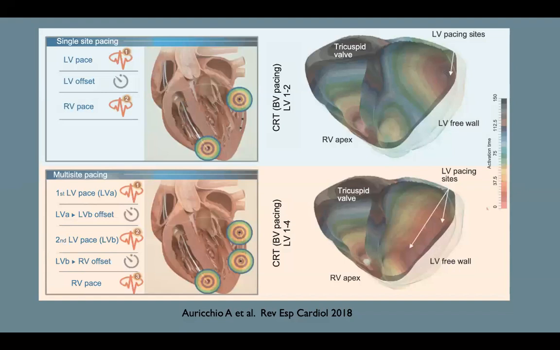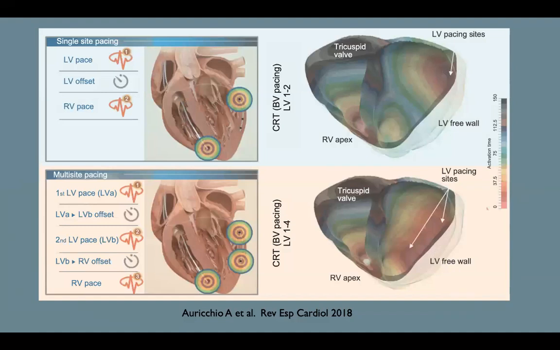And then on the right panel, with the red area being the earliest activation with pacing, you can see that with a single pacing site, you're getting a relatively smaller activation site compared to the bottom panel here, where there are two sites of activation in the left ventricle. You can see that the red portion is much larger.